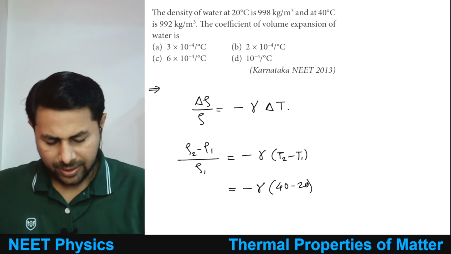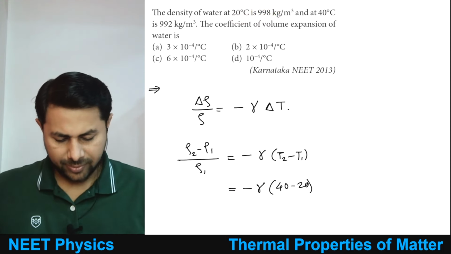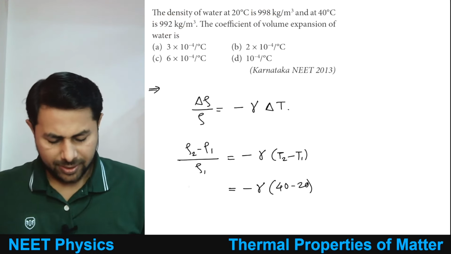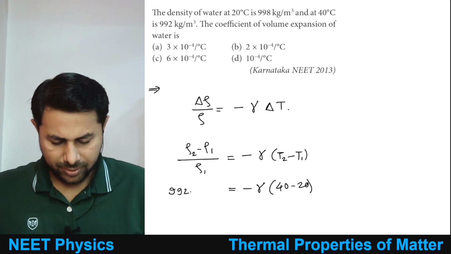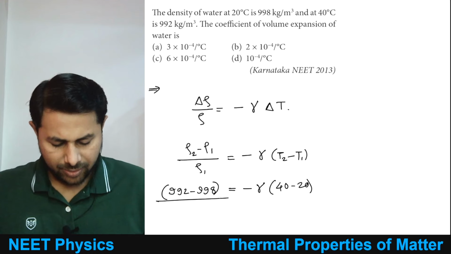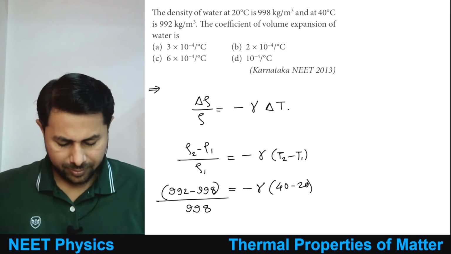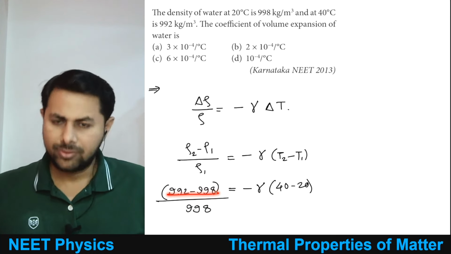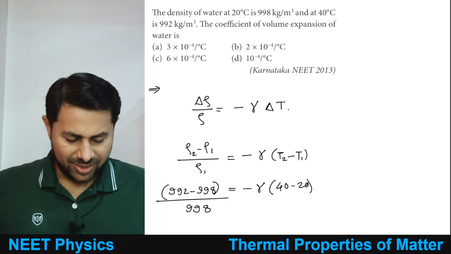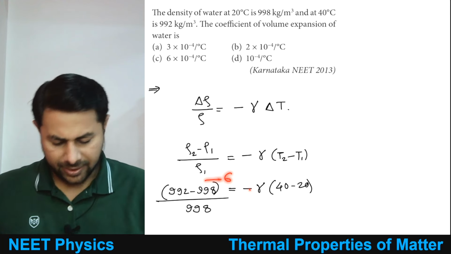The density is 998 at 20 degrees Celsius and 992 at 40 degrees Celsius. So the numerator is 992 minus 998, which is minus 6, and the denominator is rho 1, which is 998. The negative sign gets cancelled out.